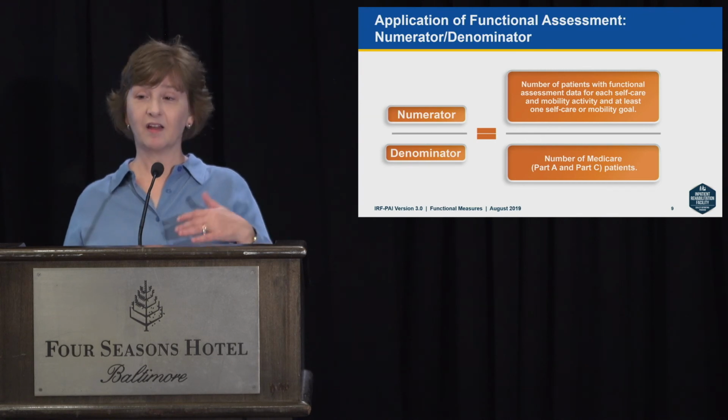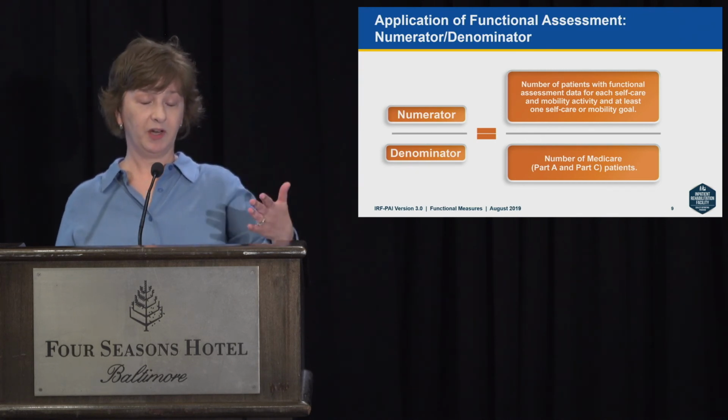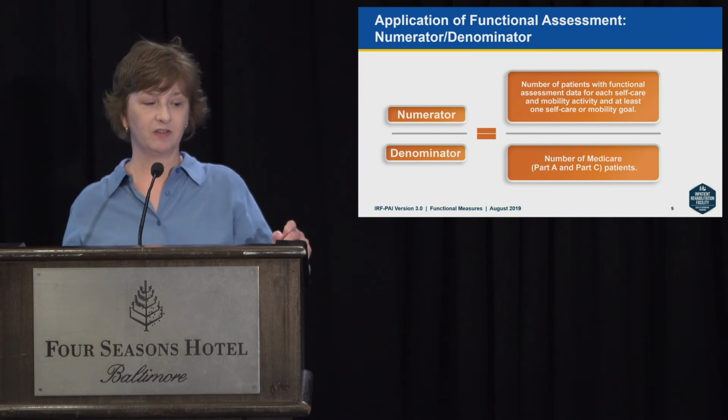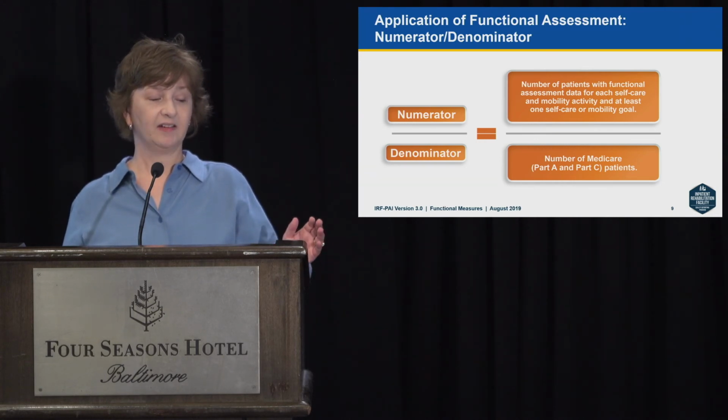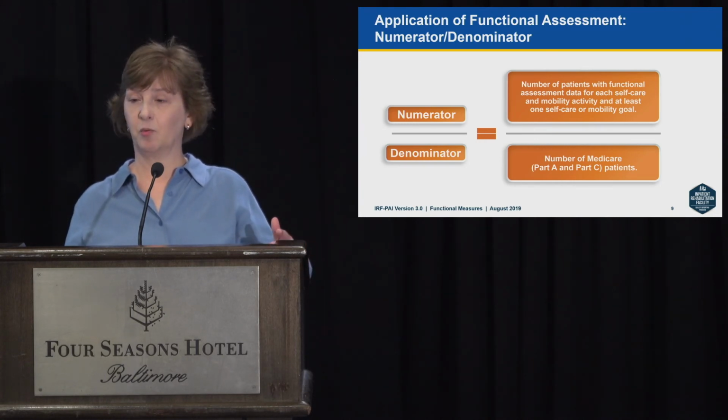Among that group, the numerator is the number of patients or the number of stays with functional assessment data for each self-care and mobility activity on the performance side and at least one self-care or mobility goal.